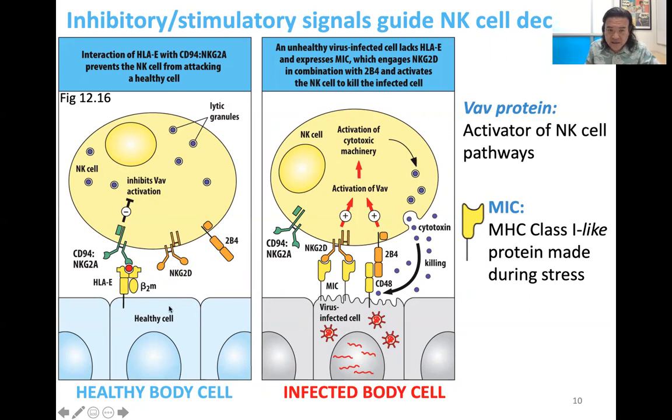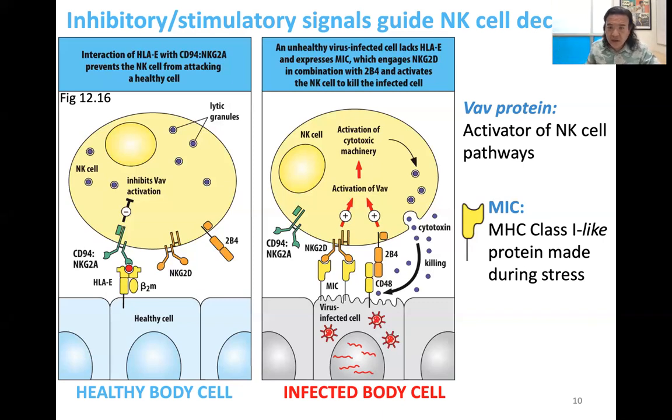Since this is a healthy cell that it's pressed up against, this healthy blue cell here doesn't express any of the weird, alarming kind of signals that these two activating receptors would bind to. So in other words, because it's a healthy cell, the NK cell doesn't receive any stimulatory activating signs, but it receives plenty of inhibitory signs. So as a result, the NK cell just moves on.